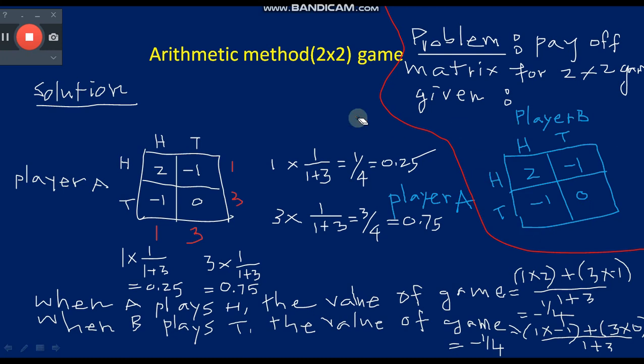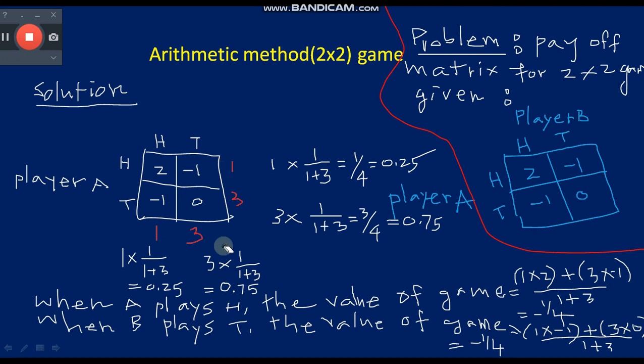Our aim is to find the solution. Solution means what? The fraction of the first strategy player A is using, and the fraction player A is using for the second strategy, and likewise the fraction of each strategy player B is using.